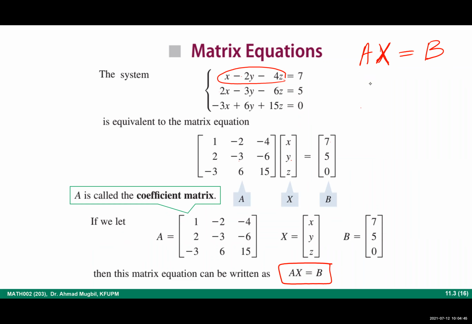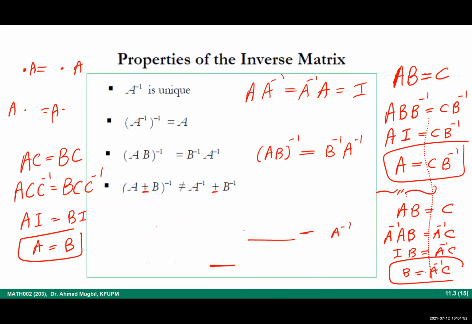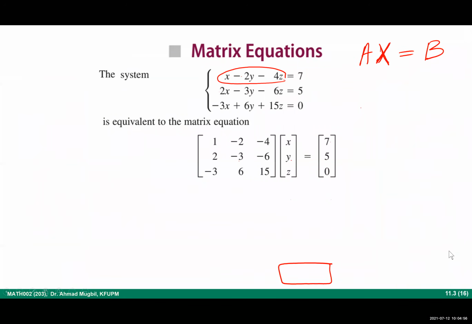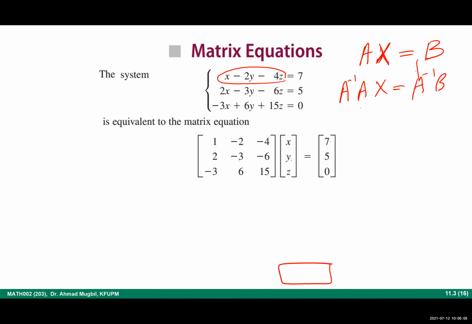How do we find X? Shabab, remember what we did here. Remember what I did here with you. Multiply by A inverse on the left side. Multiply both sides by A inverse from the left. It is so important. If you don't do it the right way, it will not be true.